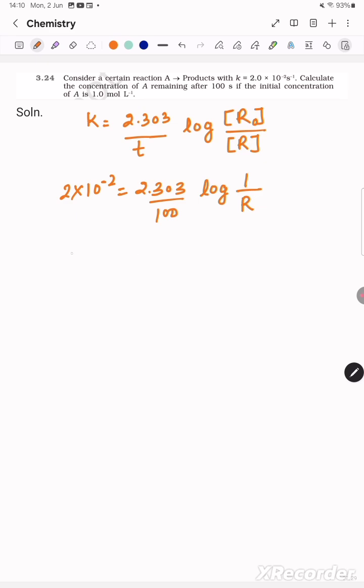So here 2 multiplied by 10 to the power minus 2 is equal to 2.303 upon 100, which we can write as 10 to the power minus 2, times log 1 minus log R, as we know the property log of 1 upon R is log 1 minus log R. Here 10 to the power minus 2 cancels out on both sides.